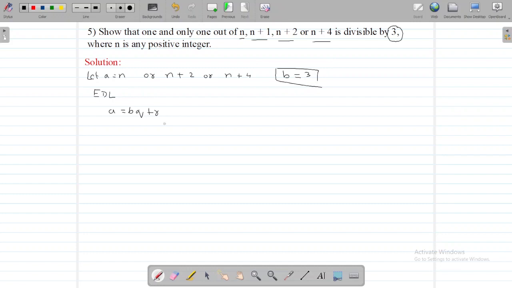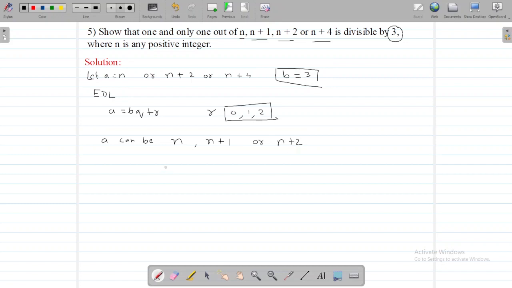So here, the remainders will be 0, 1 and 2. So I will be getting the value of a can be 3q, 3q plus 1 or 3q plus 2.